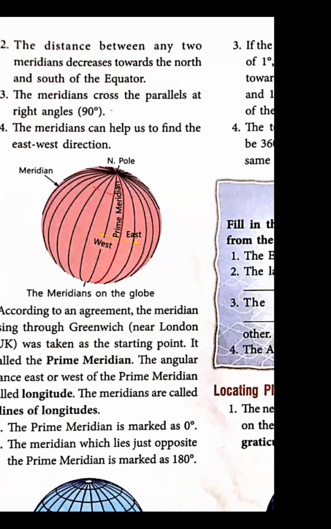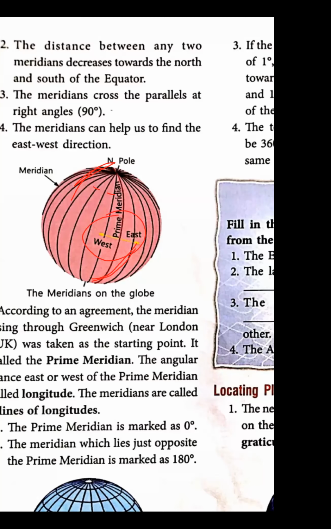This decreases towards the North Pole and towards the South Pole also. Third, the meridians cross the parallels at right angles. And the last one, the meridians help us to find the east-west direction, whereas the parallels give us the north-south direction.